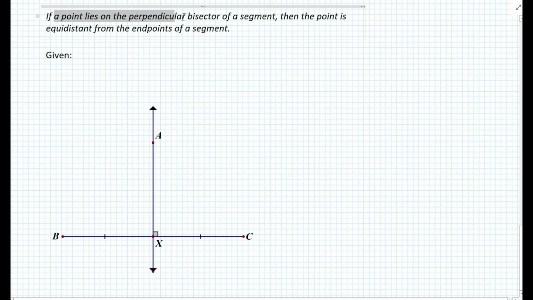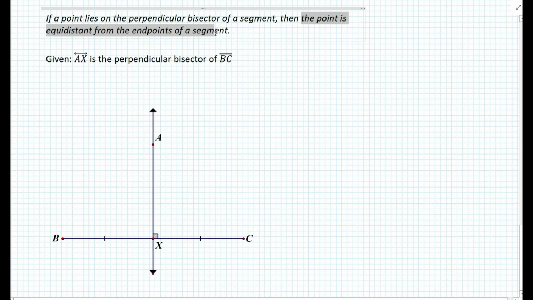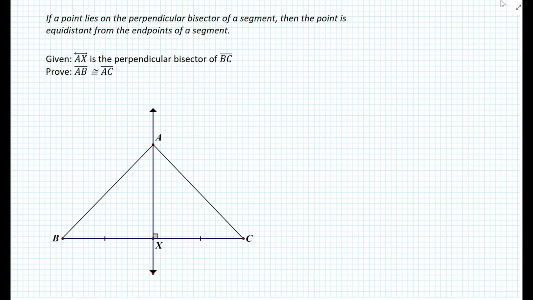A point lies on the perpendicular bisector of the segment. So here we can write that line AX is the perpendicular bisector of segment BC. Well, what are we trying to prove here? The conclusion. The point is equidistant from the endpoints of the segment. So that means that we want to prove segment AB is congruent to segment AC. So let's look at this a little closer.